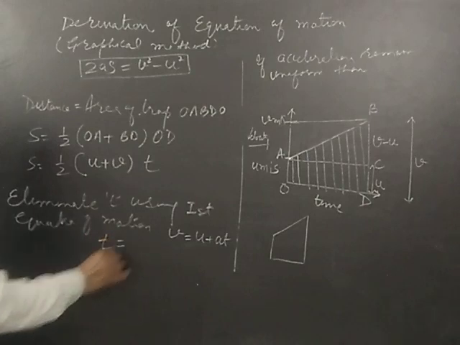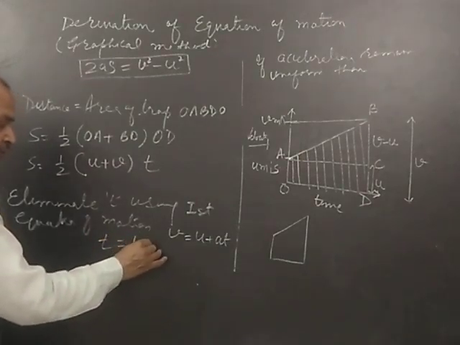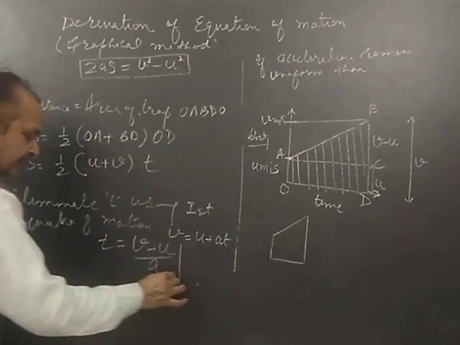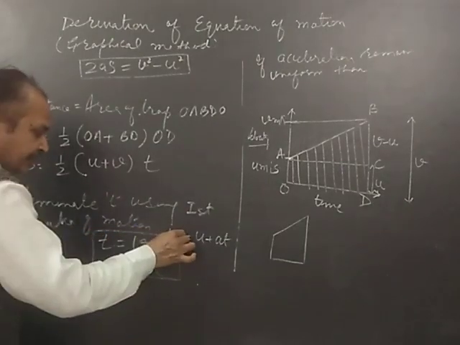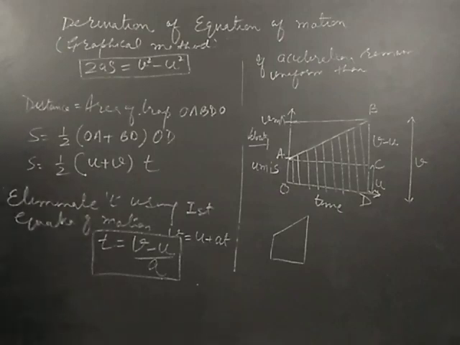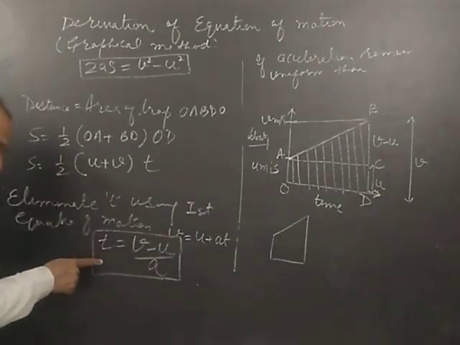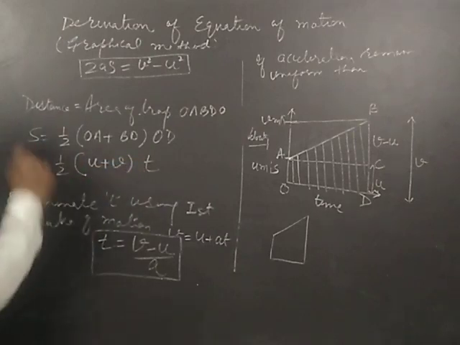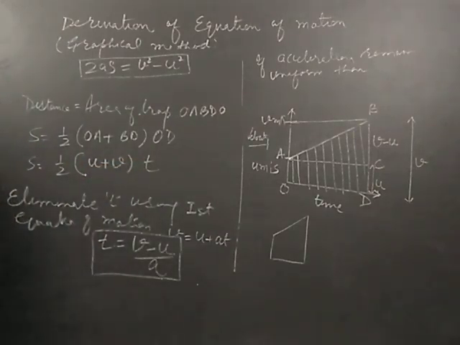So what will be T equal to, my dear friends? V minus U by A. This value of T we will put here, and then what will happen? Let us see.